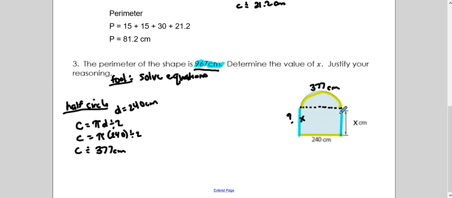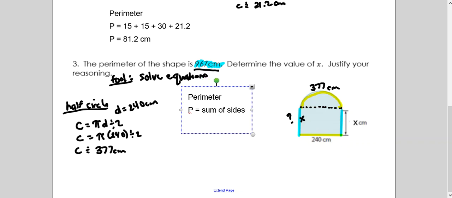All right. So when I make my equation for perimeter, it looks just kind of the same way. So I'm going to do a general statement, sum of sides. But we know the perimeter.